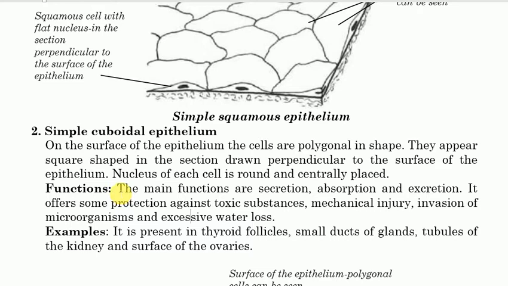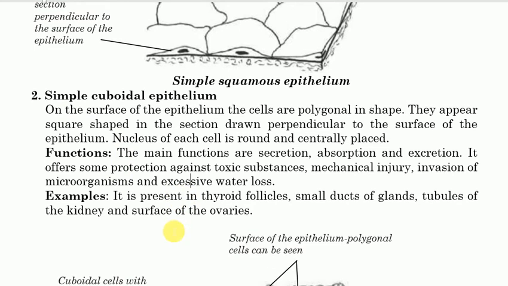So as you can see, it does three major functions: secretion, absorption, and excretion, and it can also provide protection against mechanical injury, invasion by microorganisms, and excessive water loss.